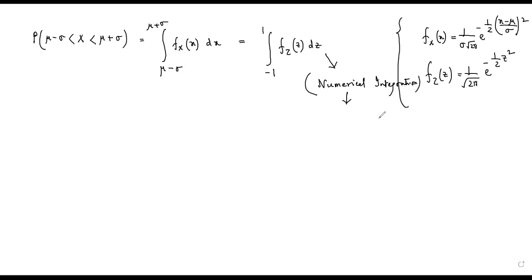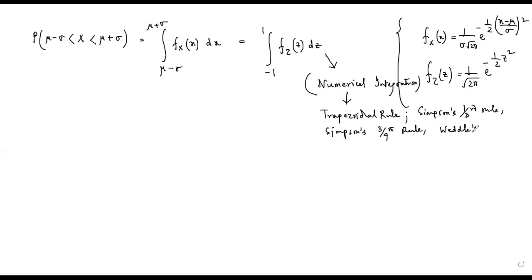Let me name a few. For example, one numerical integration process is called the trapezoidal rule. Another is Simpson's one-third rule. Another is Simpson's three-eighths rule. Another is Weddle's rule.